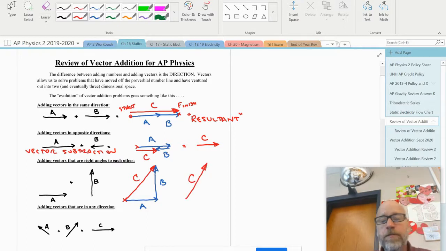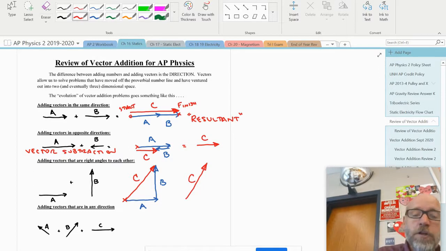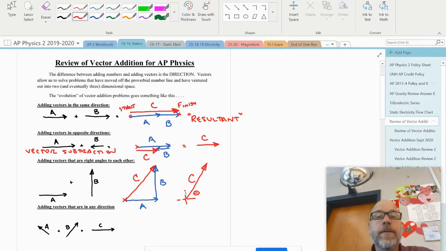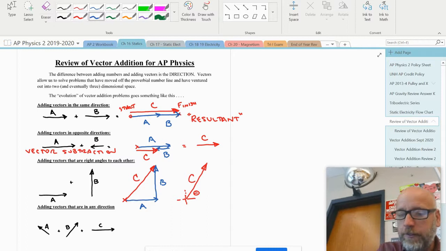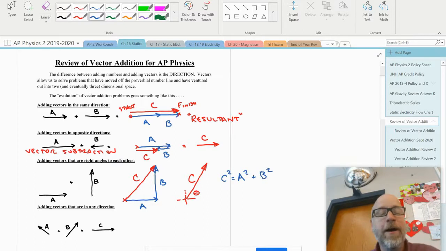the arrow gives the direction that it's pointing, but there's another way that I can give the direction, and that is if I define what that angle theta is. Okay? Now, mathematically, if I look at this, there's two different things I could do. I can use c squared equals a squared plus b squared. Come on, everyone loves that, right?